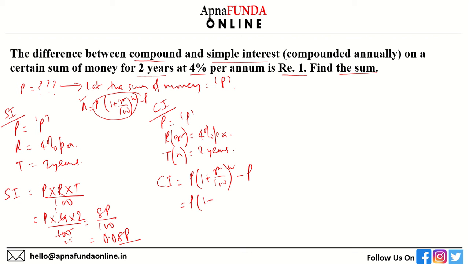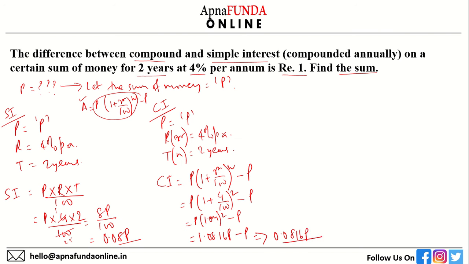So P into (1 plus 4 by 100) whole to the power 2, minus P, correct? Let's solve this. So this becomes P into 1.04 squared, minus P. I hope you are able to follow. So this will be 1.0816P minus P. So compound interest will become 0.0816P.